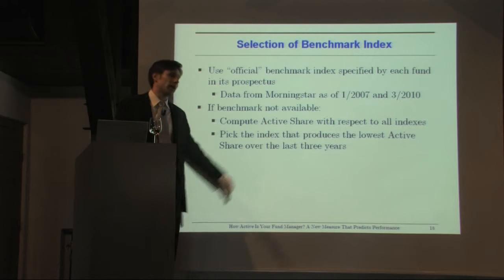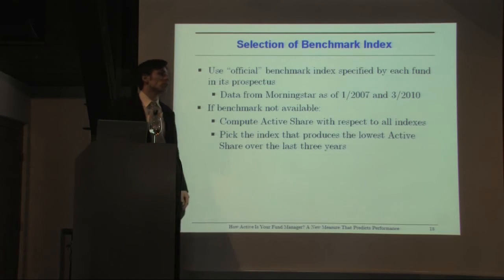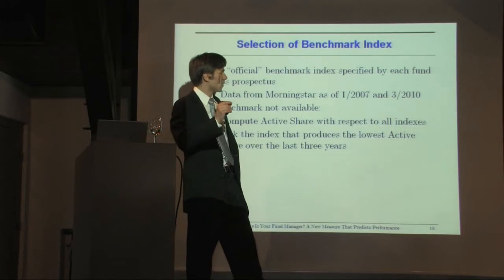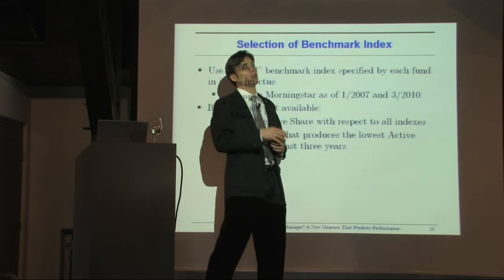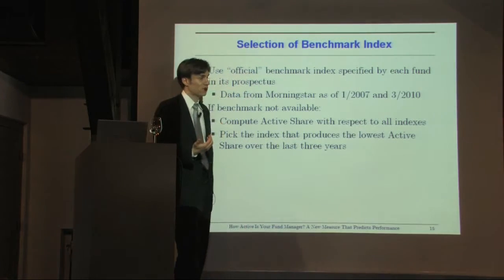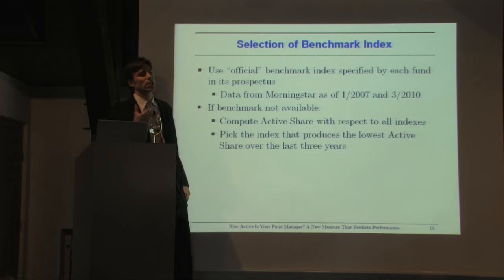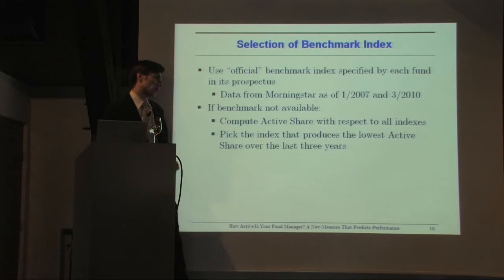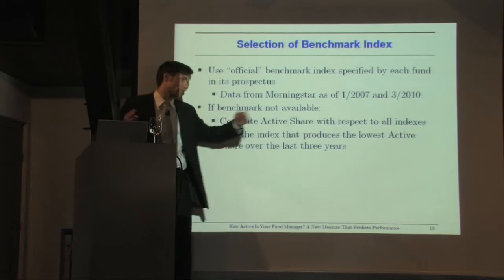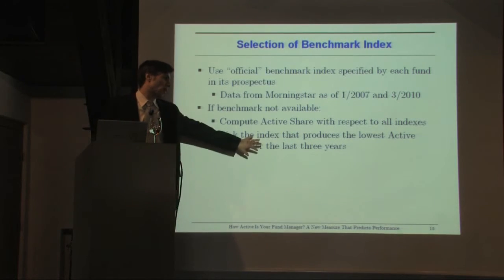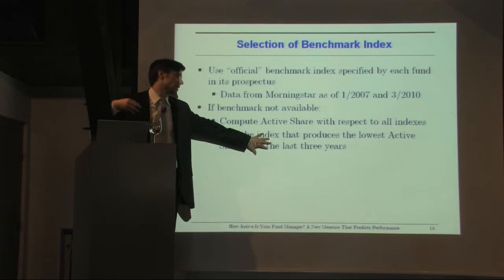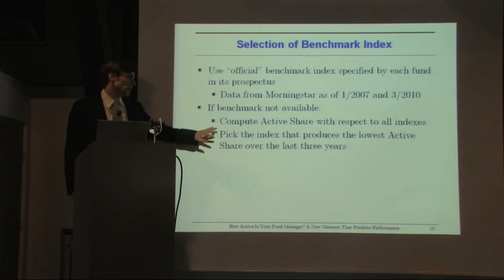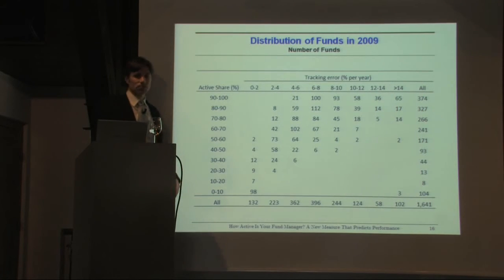If we cannot find data for that, then we choose the benchmark index that gives the lowest active share to that fund. In other words, the benchmark index which has the greatest overlap in terms of holdings with that fund. And we take the last 3 years just to see the one that has been consistently similar to the fund style. So that's the benchmark index selection.